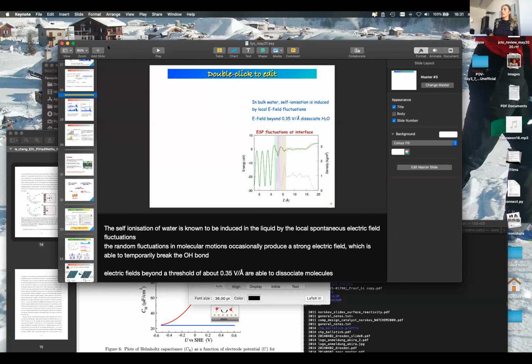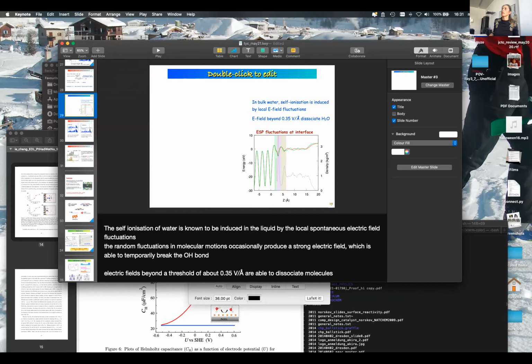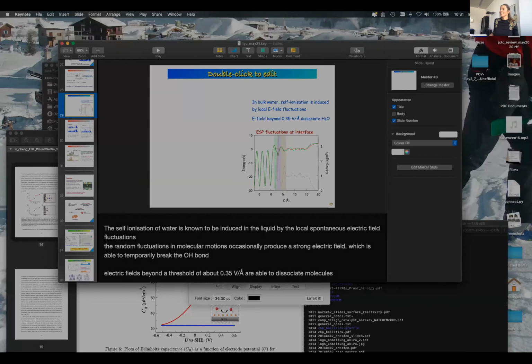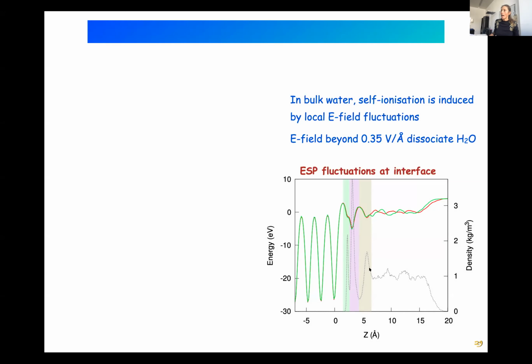Here, now, did you see my slide? I'll skip this slide. So we indeed have, due to this interaction within the adsorbed water, the covalently adsorbed water, and the platinum, a fluctuation in the electric field.